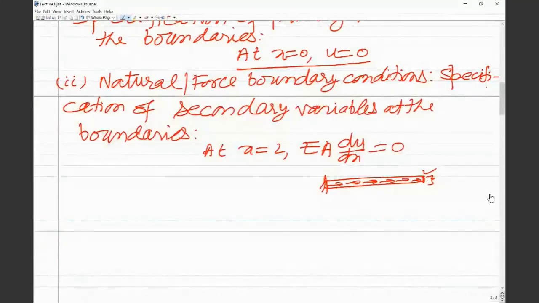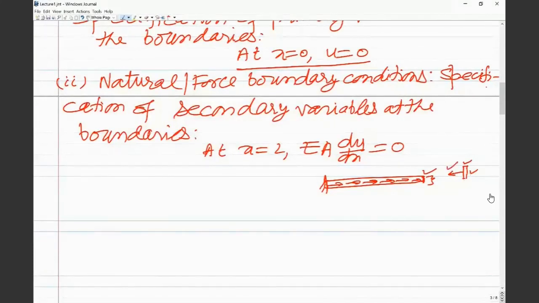Okay, sir. Because now if you take a free body diagram, take a cut section over here. This side is free, and this side you take some force, but this length is 0, so the total force due to the distributed force is going to be 0.